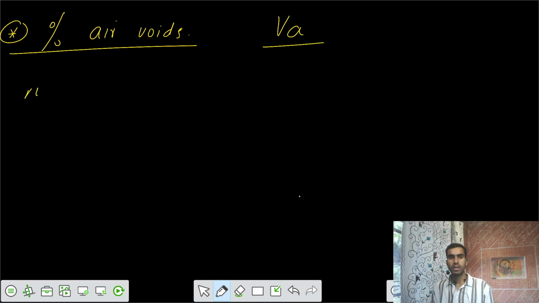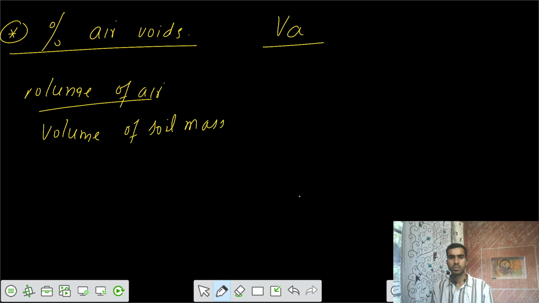That is the volume of air divided by the total volume of the soil mass, which we represent as na. So na, the percentage air voids, is the volume of air divided by the total volume of the soil mass.